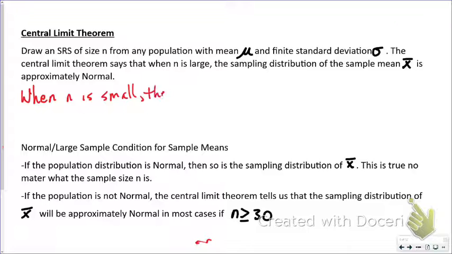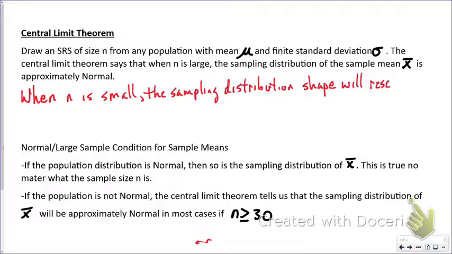The sampling distribution shape will resemble the population shape.